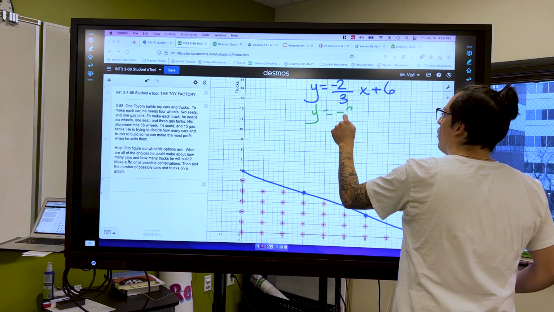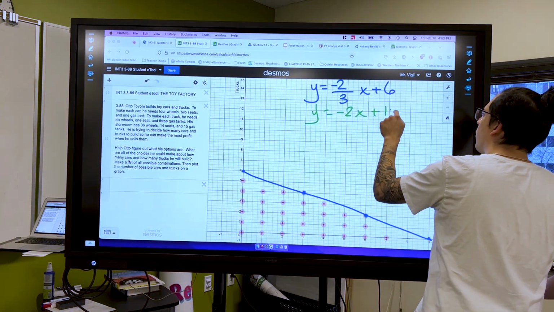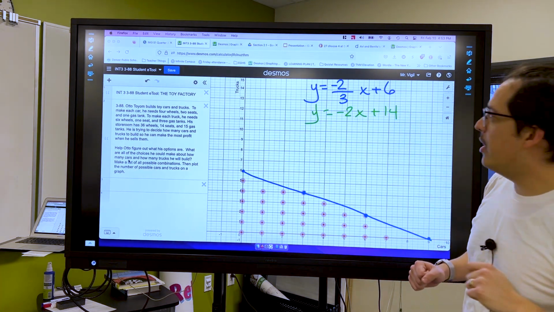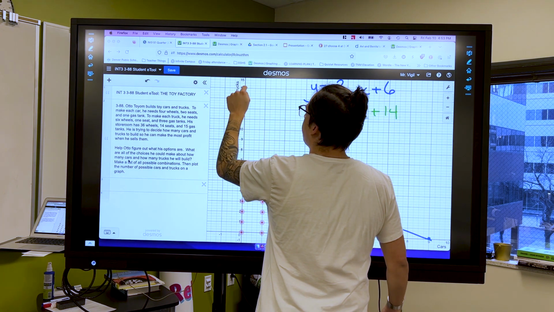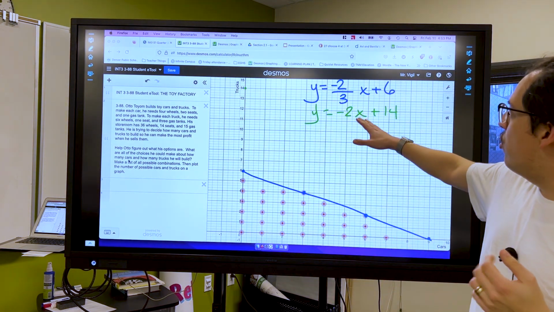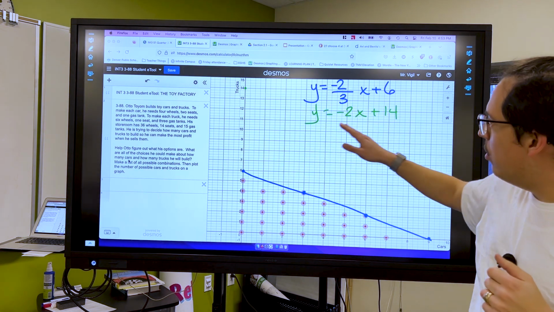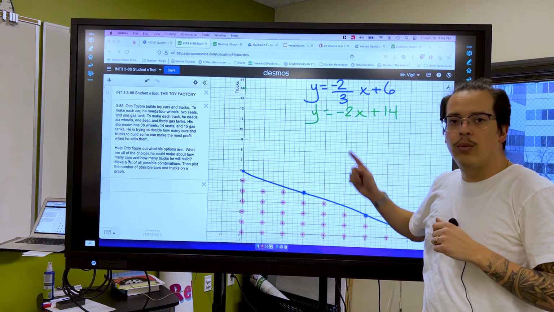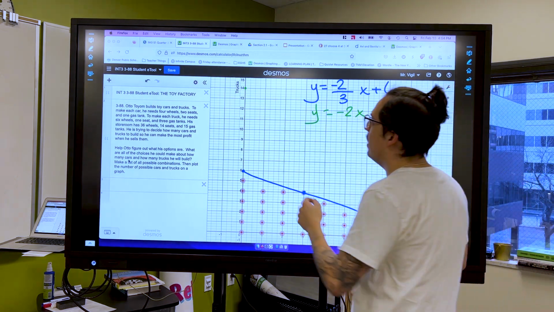Y equals negative 2x plus 14 is what we're working with. And so my y-intercept will be up here. Very nice. And the instructions tell us go down 2 over 1. Down 2 over 1. That's what our negative 2 slope indicates.